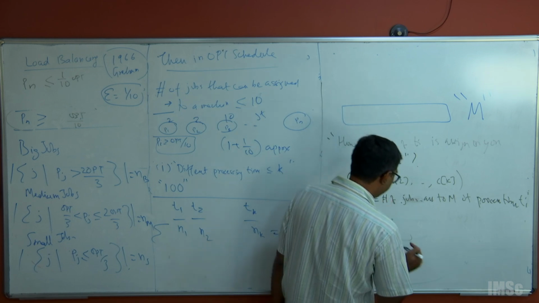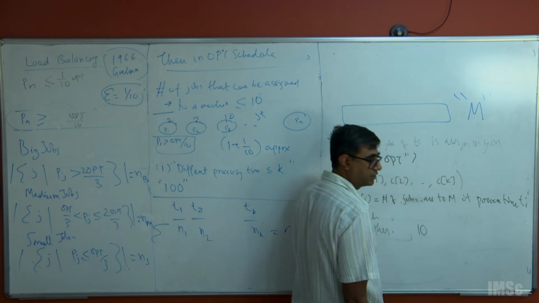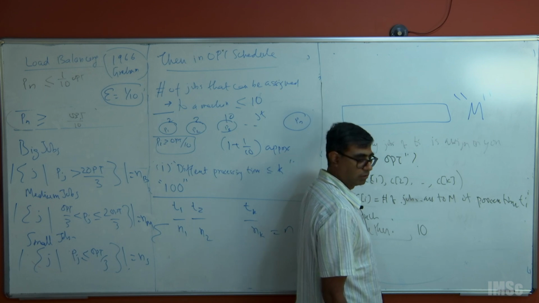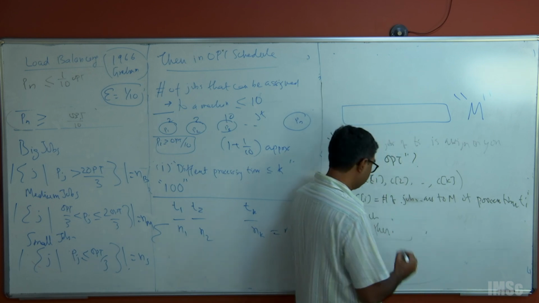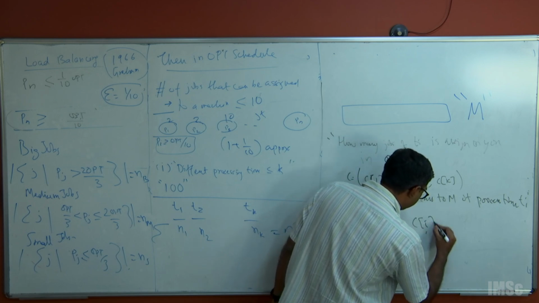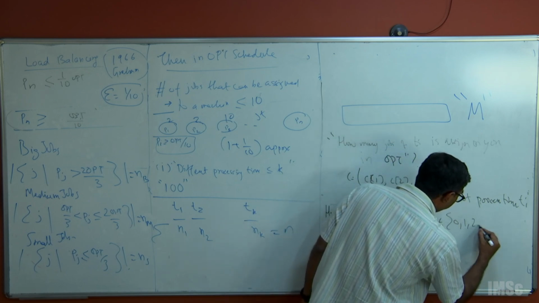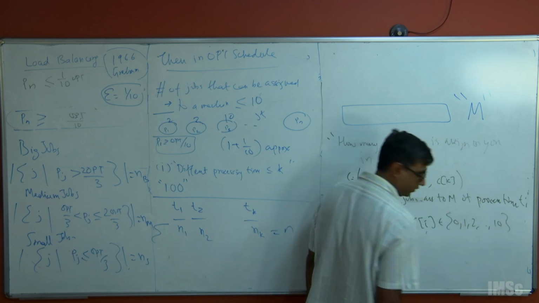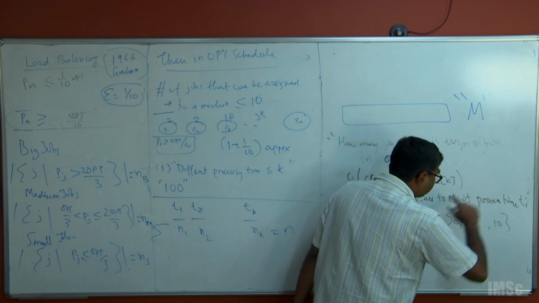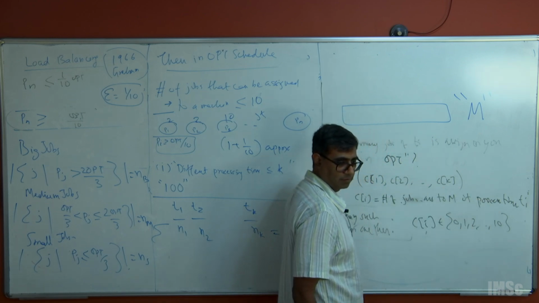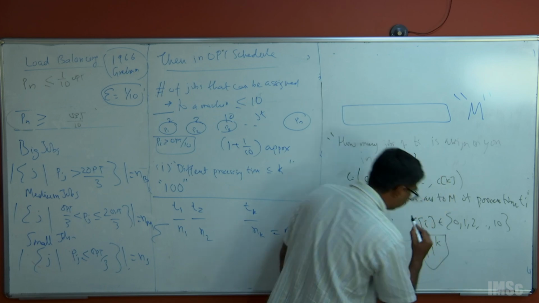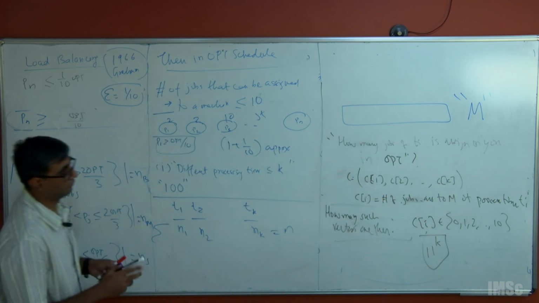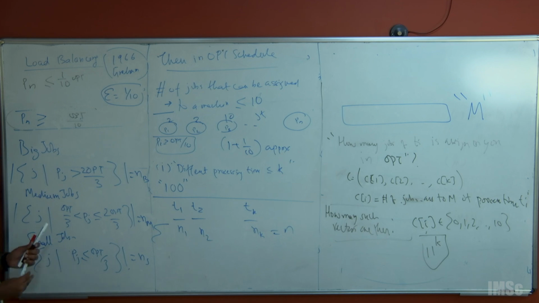So C1 can take how many numbers? 10 numbers. Oh, you're right, it can be 0 too. So any Ci is an element of 0, 1 to 10. Is that fine? So how many such vectors are there? Excellent, 11 to the power k. Very nice. So there are 11 to the power k such vectors.